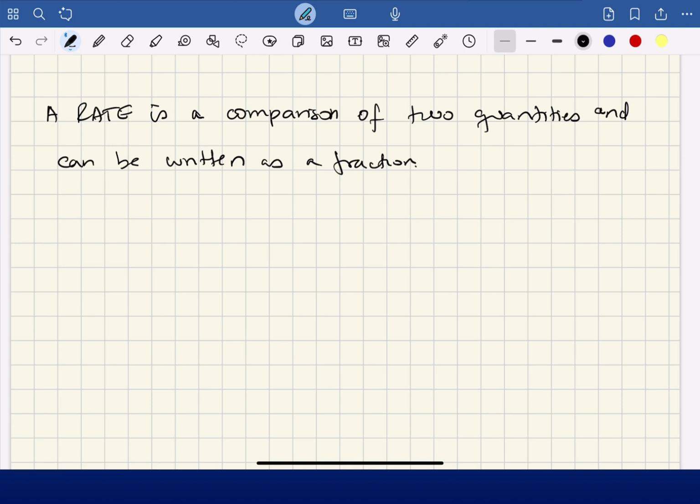These quantities don't necessarily have the same units. So we have miles per hour, beats per minute, things like that. Those are rates.